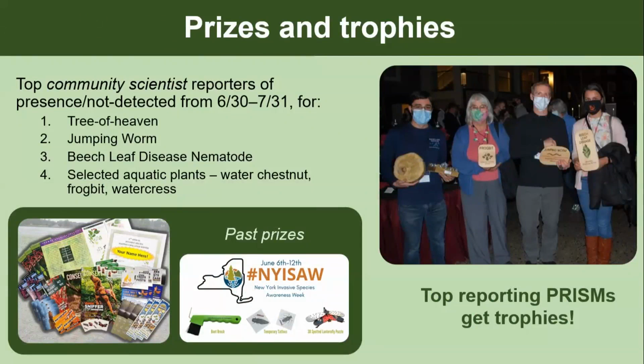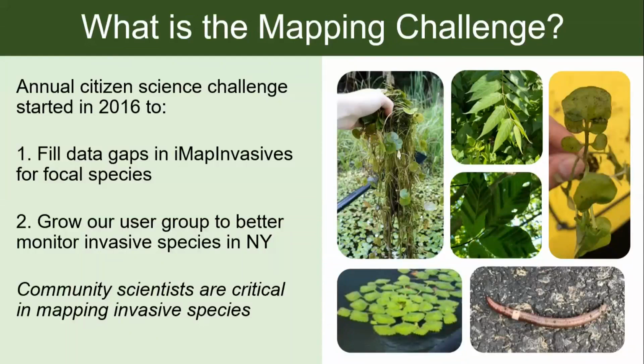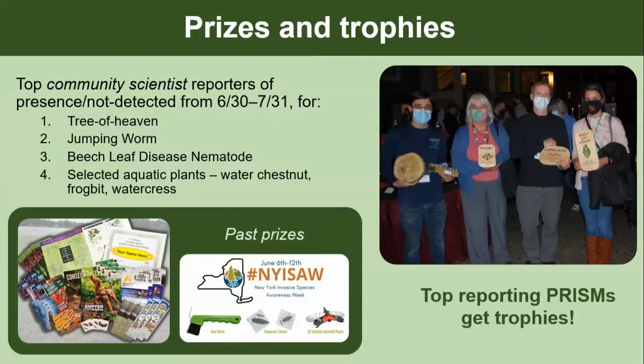If you're looking for some more incentive, we do also have some fun gamification with these challenges. So there's prizes and trophies. The top community scientist or volunteer reporter of presence and not detected for the length of the challenge, which is starting tomorrow through the month of July, for any of these four species or species groups will get a prize.